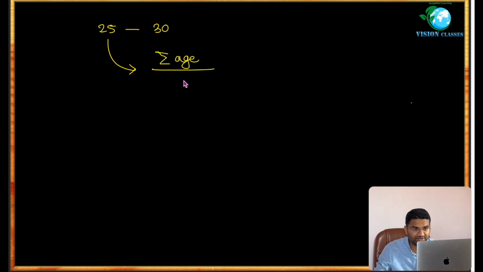They have a squad of about 25 to 30 players on average in each team. So if you take the ages of 25 players, add all of them, the summation of their ages, and then divide by 25, you will get the mean age, isn't it?